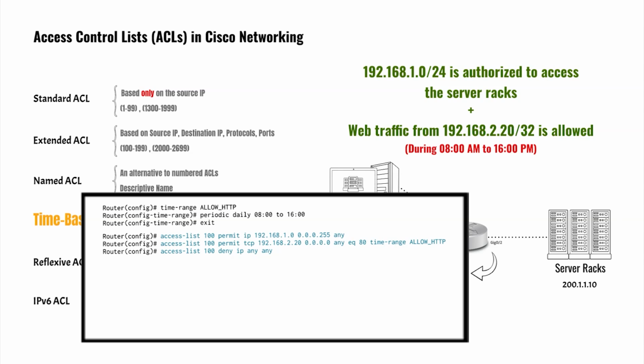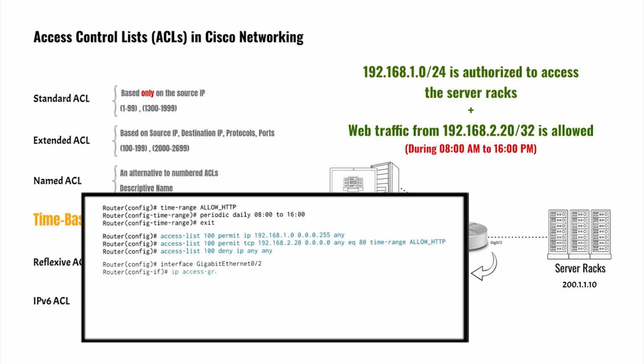Then an extended ACL 100 is configured. The first rule permits all traffic from 192.168.1.0/24 to any destination, while the second rule allows only TCP traffic from 192.168.2.20 to any destination, but only during the Allow HTTP time range. The last rule denies all other traffic.